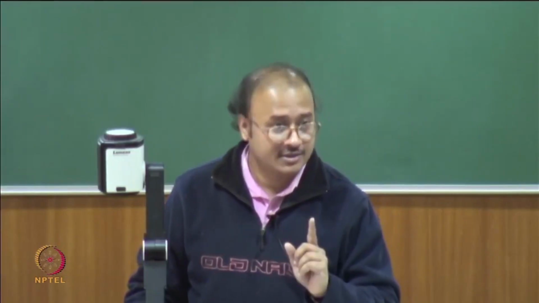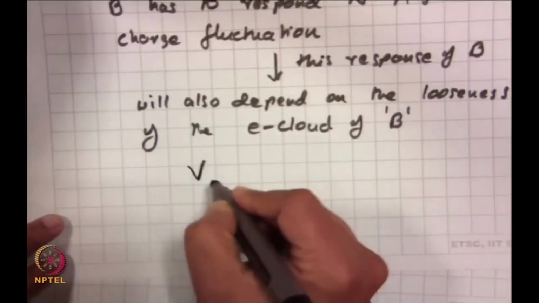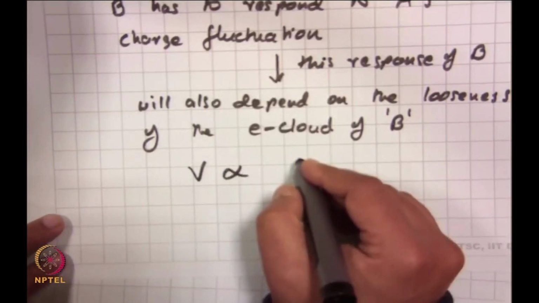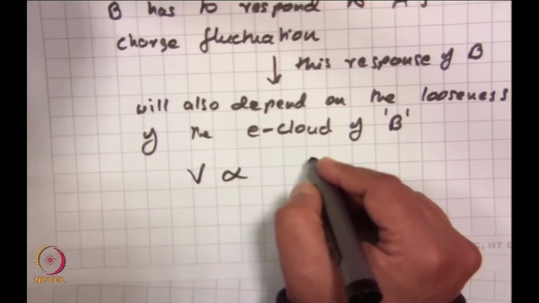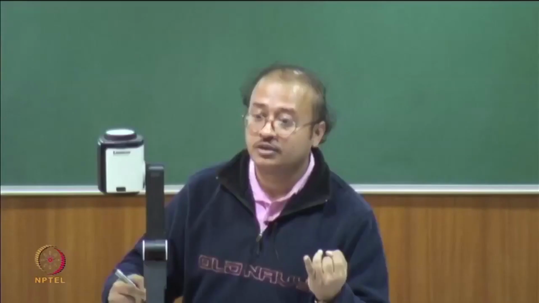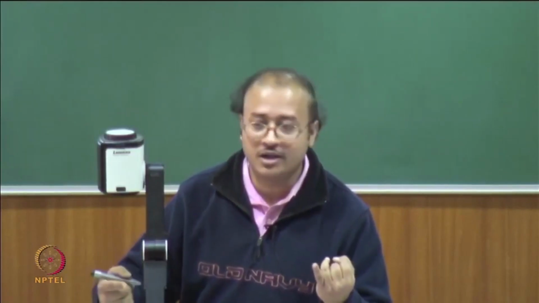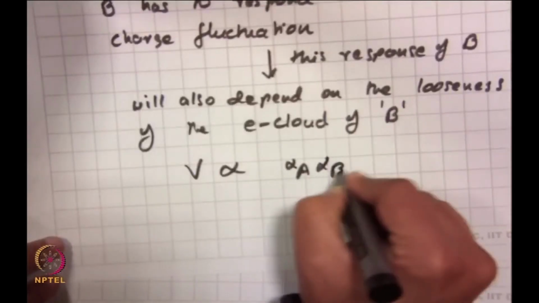Hence, what you can guess is that my potential energy of interaction V would be proportional to, at least not talking about the distance dependence now, what? One was the looseness of the electron cloud of A, represented by the polarizability of A, so I can write alpha A. Then, once the electron cloud of A is in an instantaneous dipole, the polarizability of B comes in, so there is a B term.